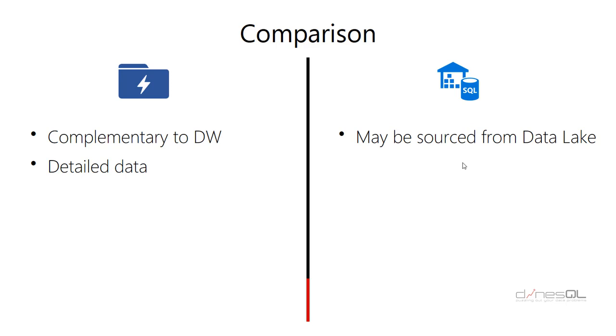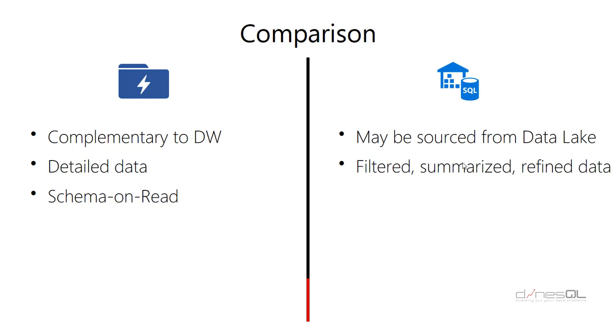We don't filter it, we don't summarize it, we just take it as it is. But in the data warehouse, it's always filtered, summarized, refined and structured. In data lake, we can simply use schema on read for accessing data, but it is not available with the data warehouse. It's always based on schema on write.